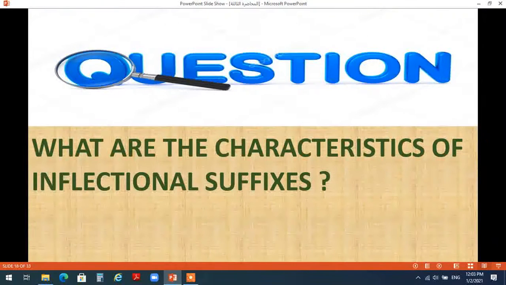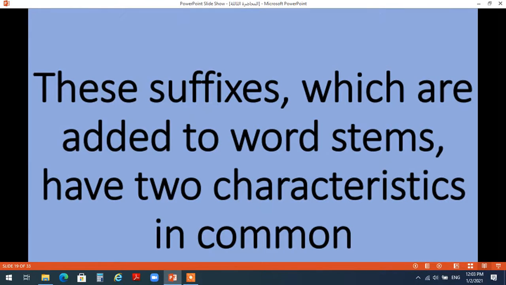They have some important characteristics which we have to be aware of. These suffixes which are added to word stems have two very important characteristics in common.